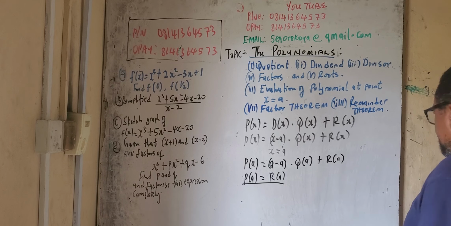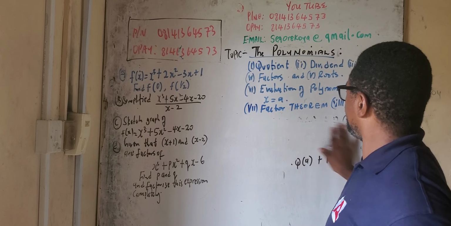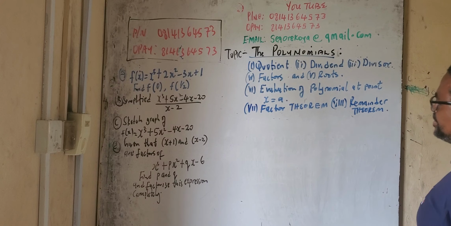How do we do that? This is an example. That's the remainder theorem. Look at this.